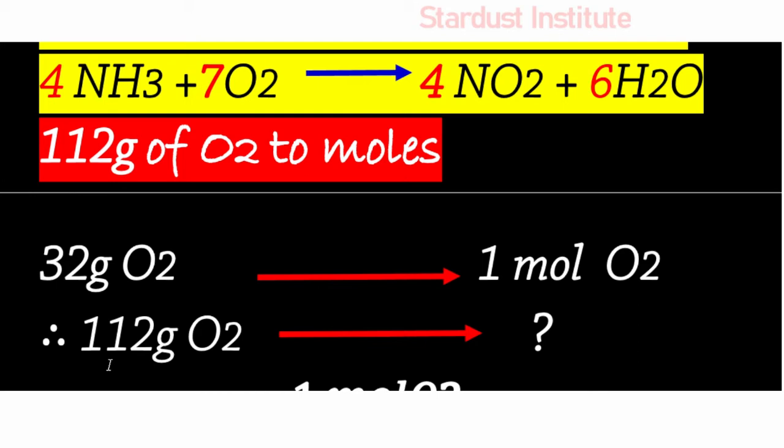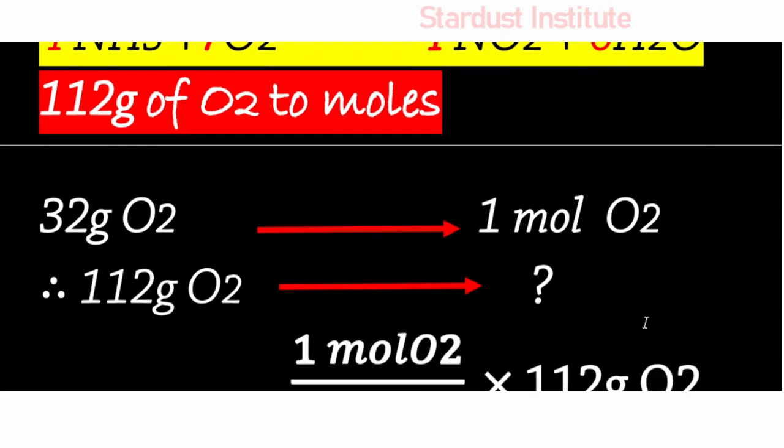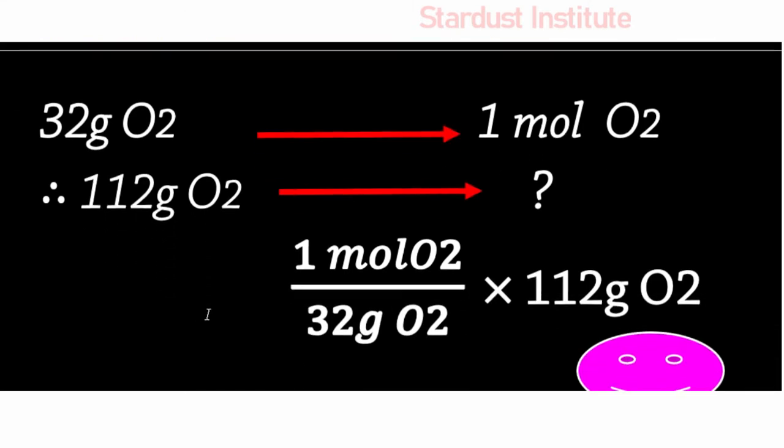Therefore, in 112 grams of oxygen, how many moles of oxygen are there? We have to find it. We can find it in this way: 1 mole O2 divided by 32 gram O2 multiplied by 112 gram O2.